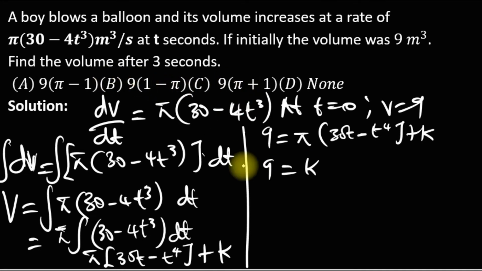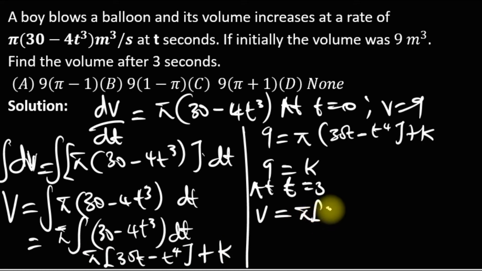So they now ask us to find the volume at t equals 3. So our volume is now pi(30 times 3 minus 3 raised to power 4) plus k, which is 9.